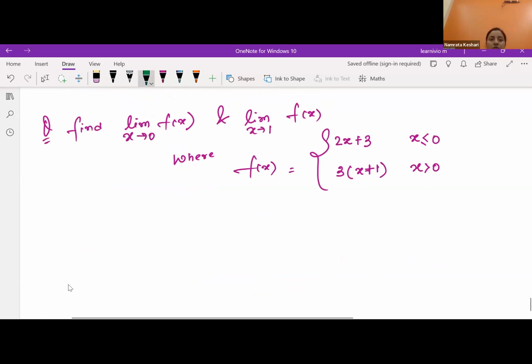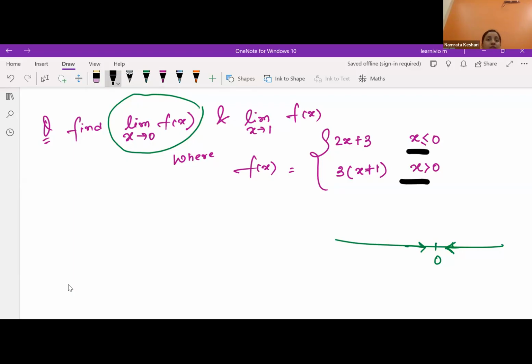When we are talking about the limit, at that time we think about x approaching 0. There is a number 0 and x is approaching 0 from the left side, and x is approaching 0 from the right side. Are these two values the same or not? Over here we have to think in this manner because you can see left side, right side of 0, different functions are given. Can you see?